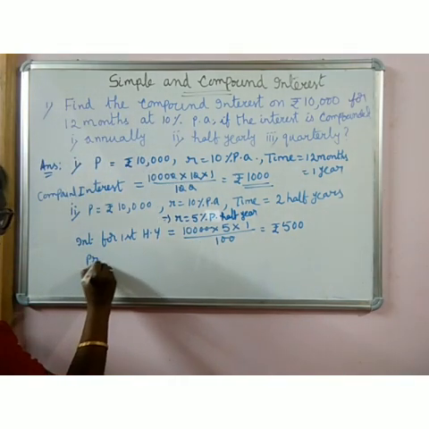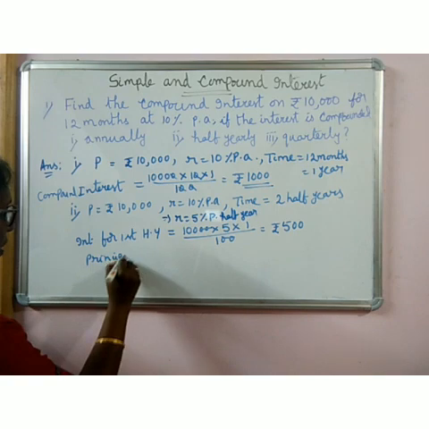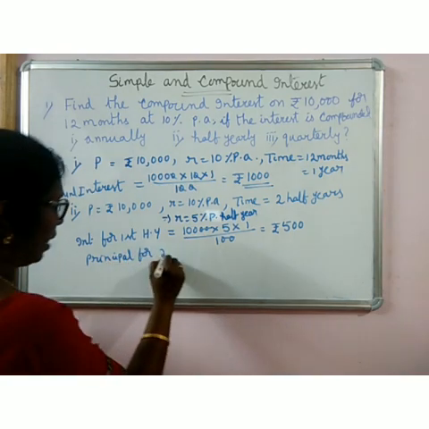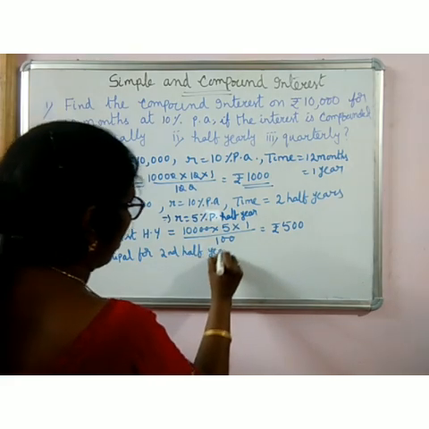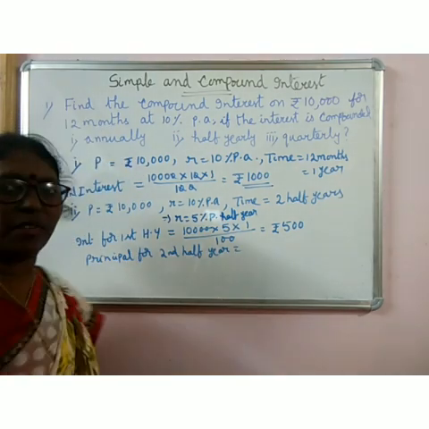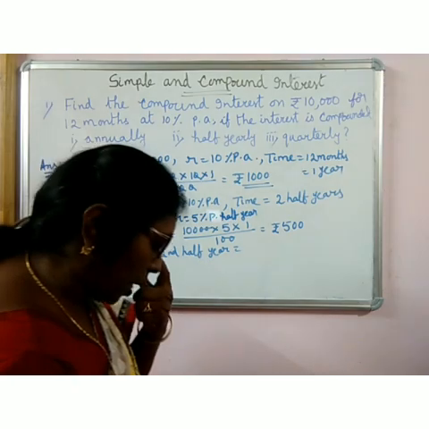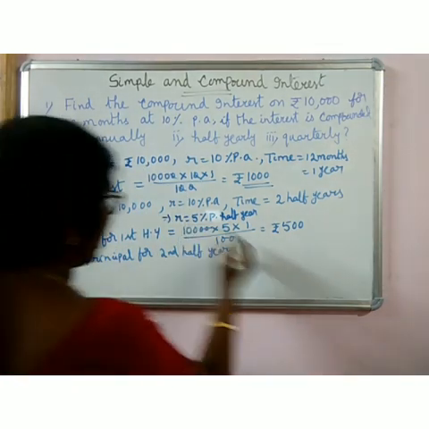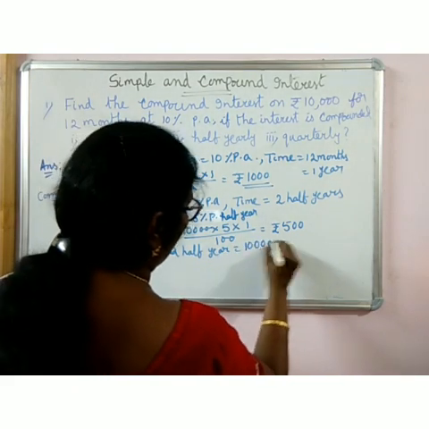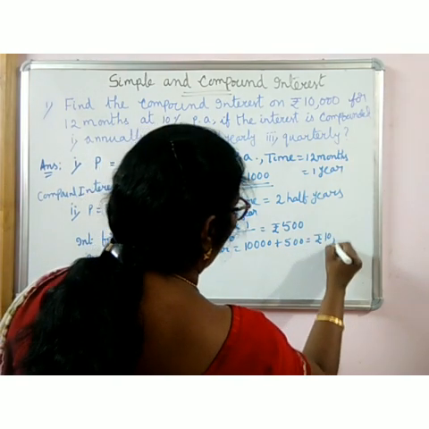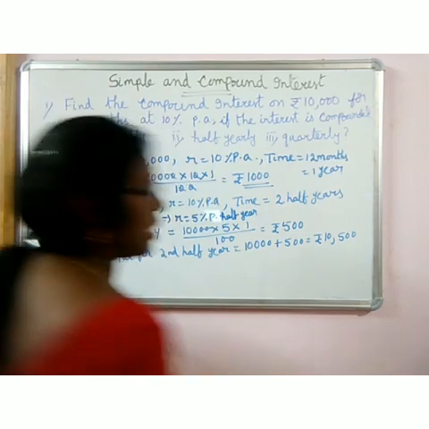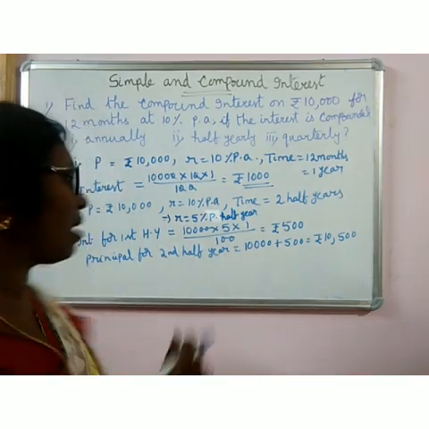Then principal for second half year: you know that amount of the first half year will be principal for the second half year, that is 10,000 plus 500, equal to 10,500 rupees is the principal for the second half year.